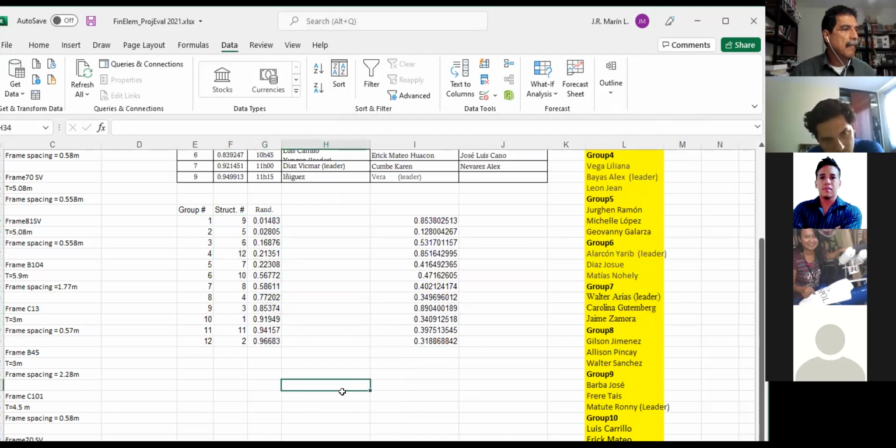I'm going to save this, and that's it. So group 1 will analyze structure 9 and so on. Okay, people, this was done randomly. I had nothing to do with that. And now I'm going to open what Engineer Isaac sent me.